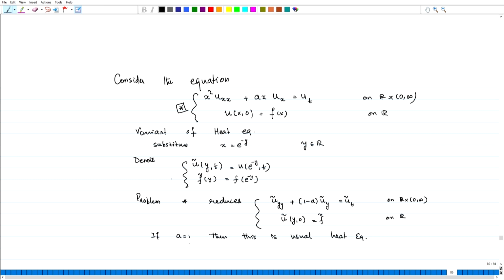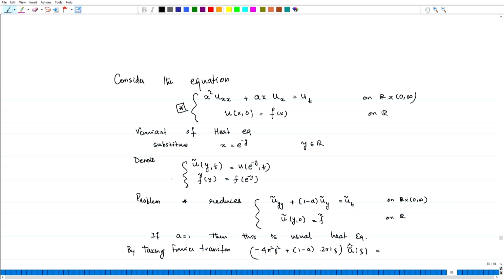By taking the Fourier transform, the double derivative u tilde y y gives me minus 4 pi square xi square u tilde hat at xi, t, and from here this is 1 minus a into 2 pi i xi times u tilde hat at xi.